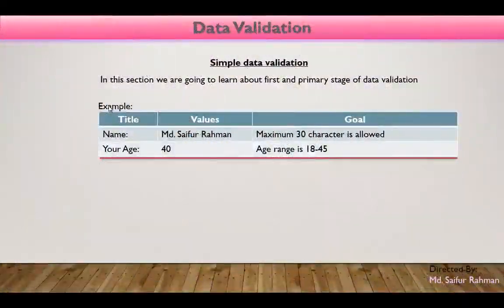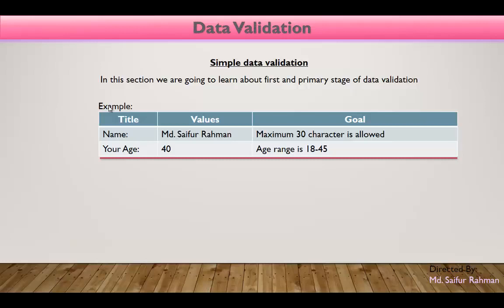Okay, for example, we want to enter a name and your age in two different cells. In name cells, you are only allowed a maximum of 30 characters to write, and in age cells you are only allowed age 18 to 45.